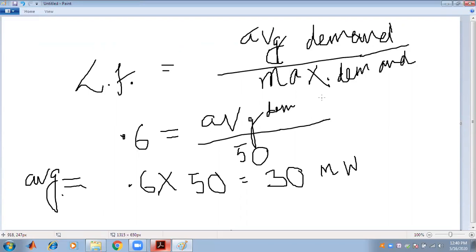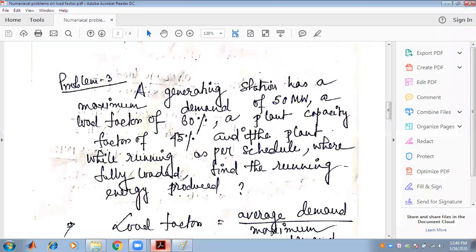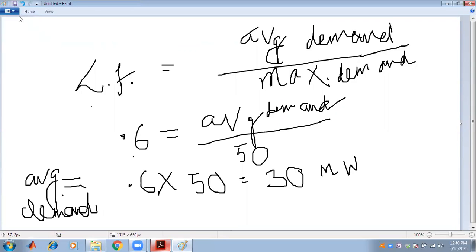So we have to find the daily energy produced by the plant, or what is given in the question, the running energy produced. It means the daily energy produced by the plant. The average demand is 30 megawatt.